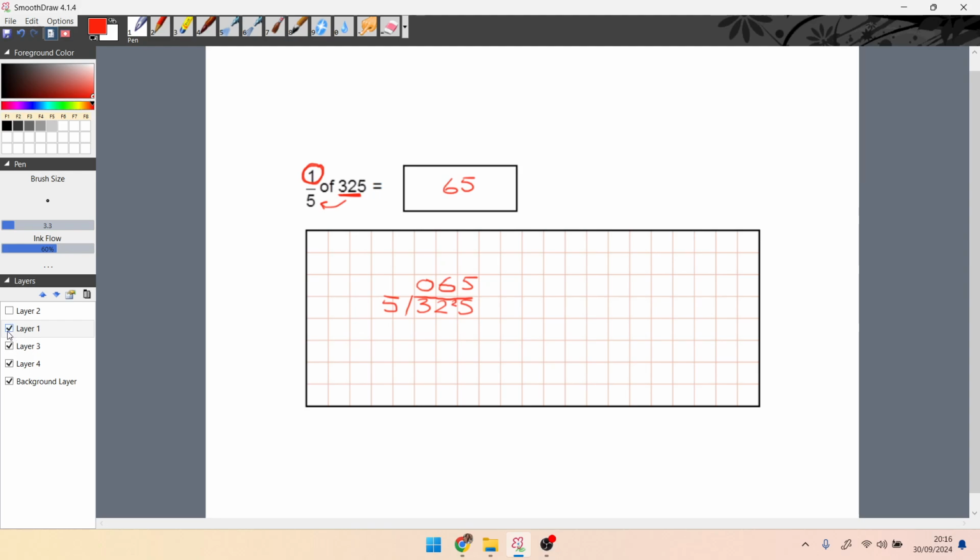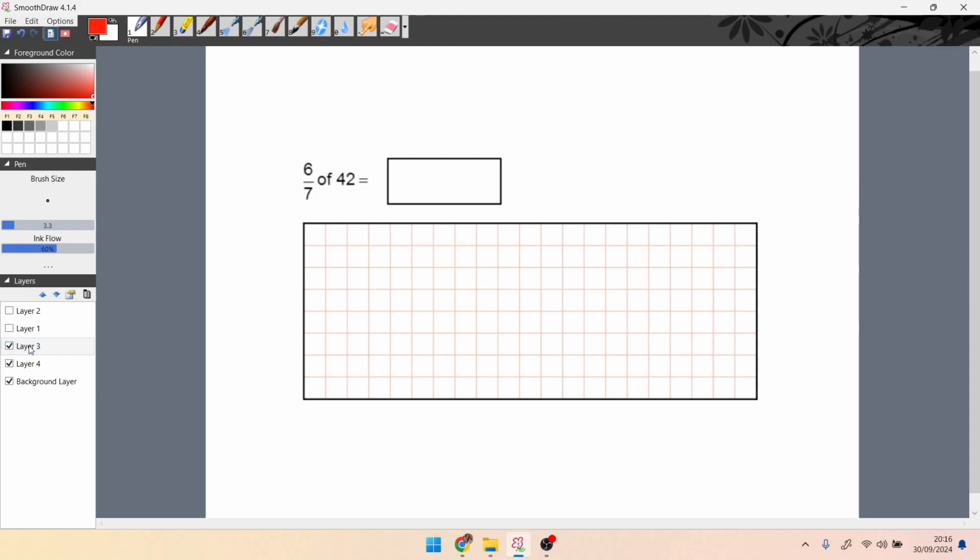There is another type that I want to discuss though, and that is these non-unit fractions. And a non-unit fraction is where the numerator is not 1. So we start off in exactly the same way, really. So what we'll look at is this amount we've got here. We will divide it by the denominator.